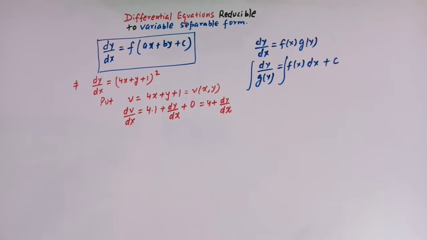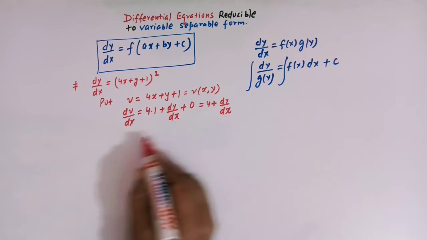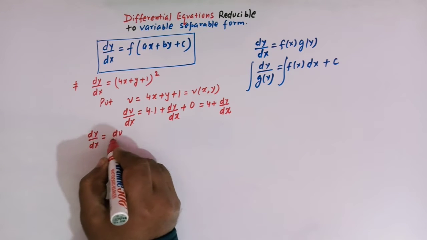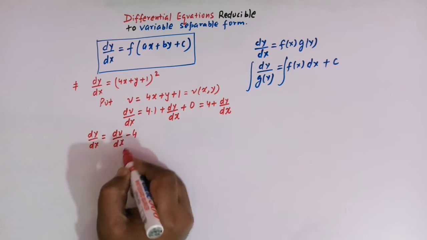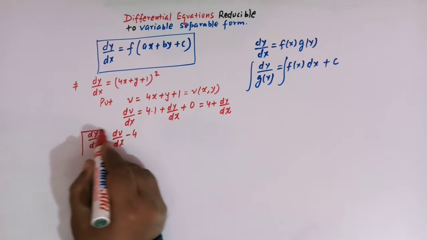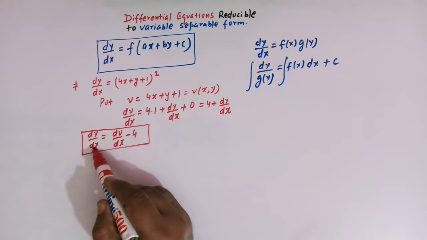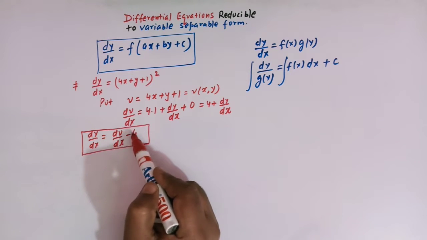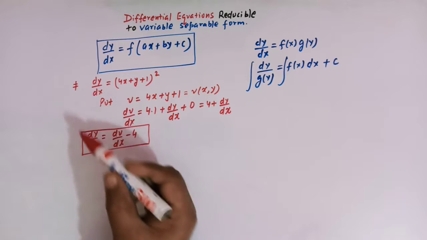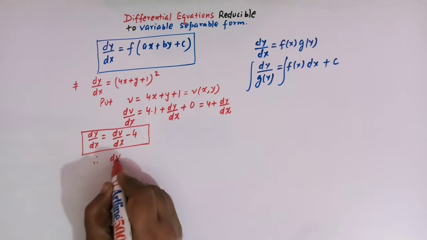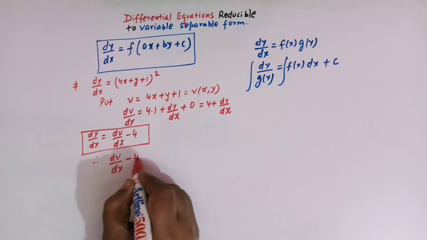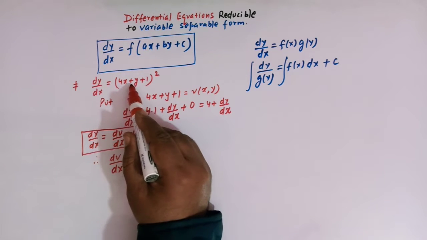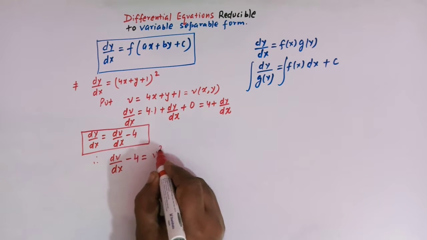Now from this equation we can write dy over dx is equal to dv over dx minus 4. We put this value of dy over dx into the original equation, so we get dv over dx minus 4, and for 4x plus y plus 1 we write v, so here we have v square.